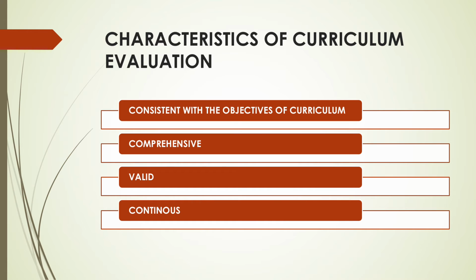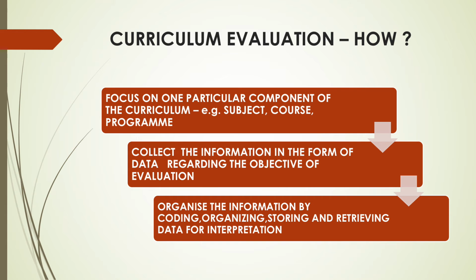Evaluation should be comprehensive, should deal with all the aspects, should not be only of one particular aspect. It should be valid, it should be continuous. Like evaluation should not be done only once in a while. It needs to be done regularly, at regular intervals, so that proper assessment can be done.